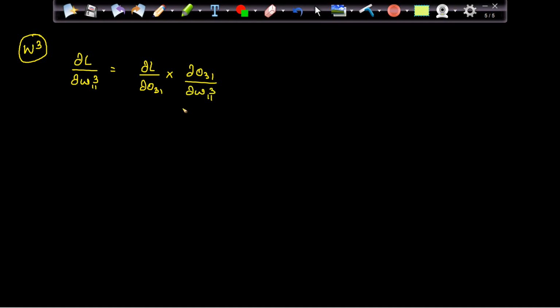This is what we got, right? Same way for the second part, we have dou L by dou W213 is equal to dou L by dou O31 multiply by dou O31 by dou W213, right?